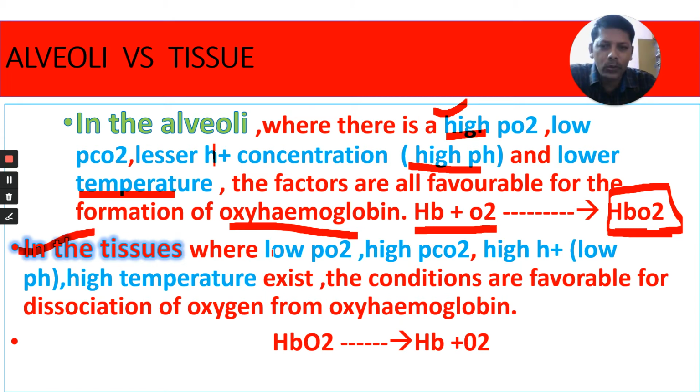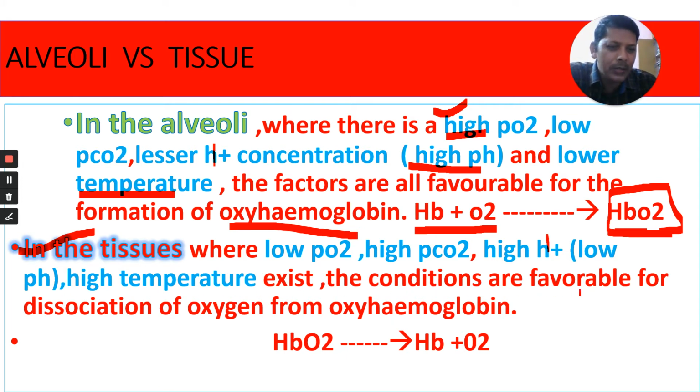Whereas in the tissues, it is quite opposite. In the previous one there was high PO2, here low PO2; there low PCO2, here high PCO2; there low H plus, here high H plus concentration, and that means low pH. At the lungs there is lower temperature, here high temperature exists.